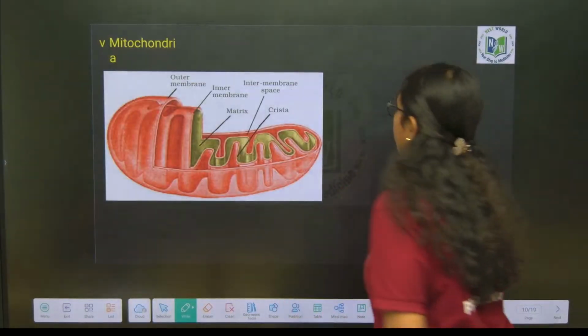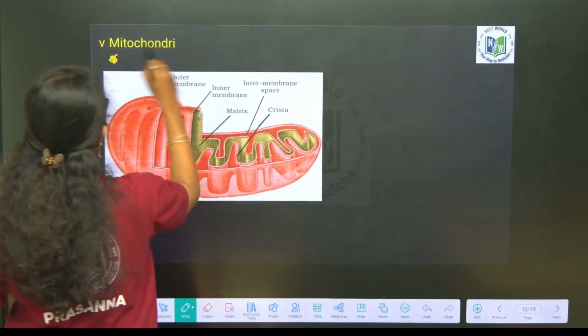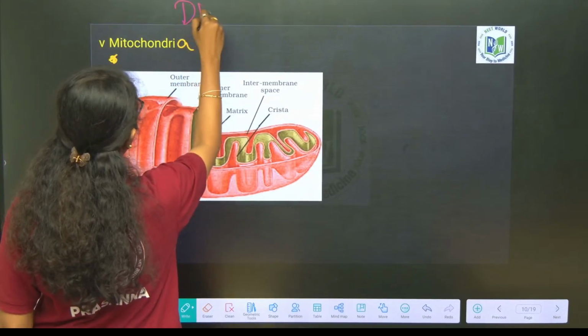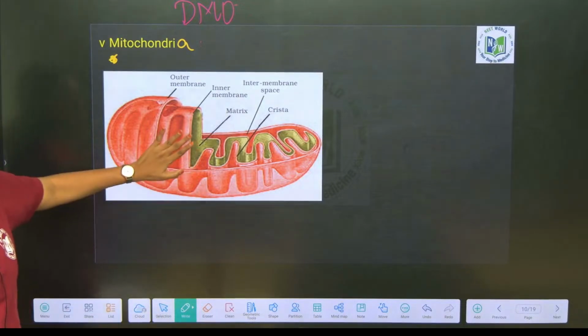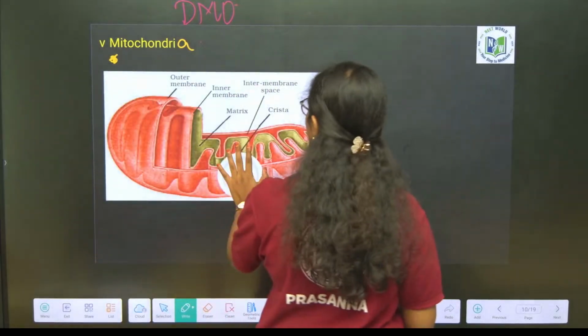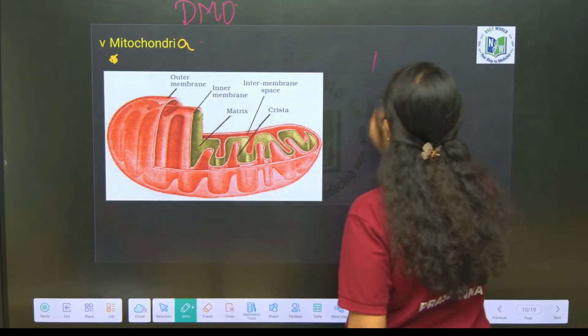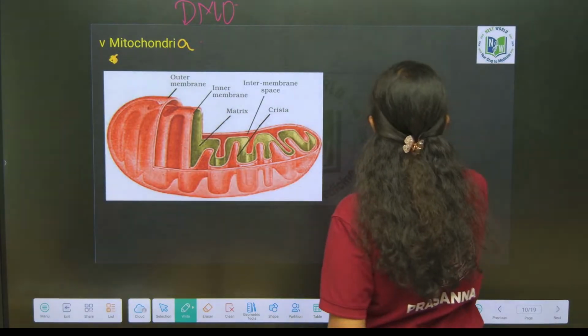And then here you see, now we will look into the double membrane bound organelles. Amongst double membrane bound organelles, first let us look into the mitochondria. This is the structure from your NCERT, but then let us draw a cartoon structure here to analyze the structure more keenly.